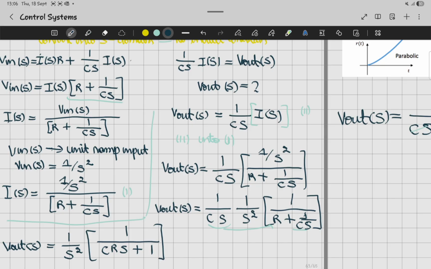So, and then everything will be equal to 1 over S square, CRS plus 1. This is what's going to be my equation here for V out.